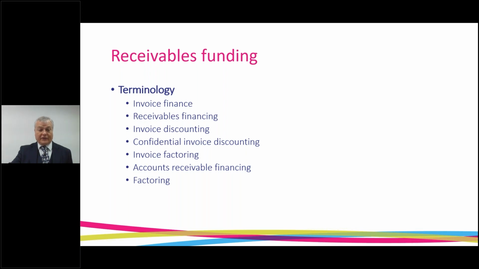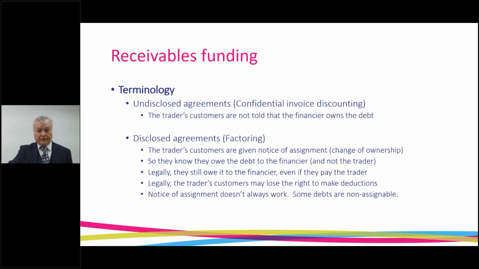Each financier tends to have their own name for their own products, which are often a little different from the products offered by their competitors. Some of the important terminology is the difference between disclosed agreements and undisclosed agreements. And typically, confidential invoice discounting is usually used as the description for an undisclosed agreement, and factoring is usually used as the name for a disclosed agreement.